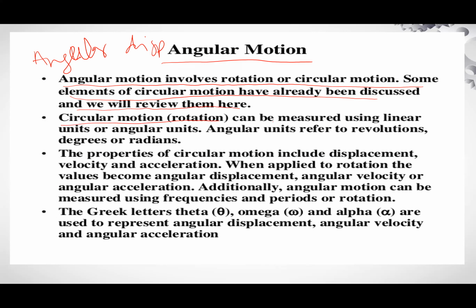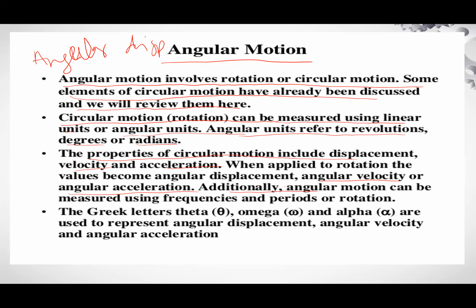Circular motion can be measured using linear units or angular units. Angular units refer to revolution, degree, and radian. The properties of circular motion include displacement, velocity, acceleration. When applied to rotation, the values become angular displacement, angular velocity, angular acceleration.